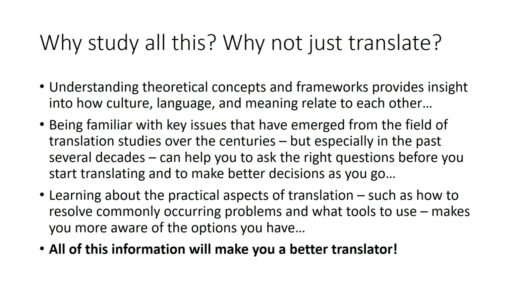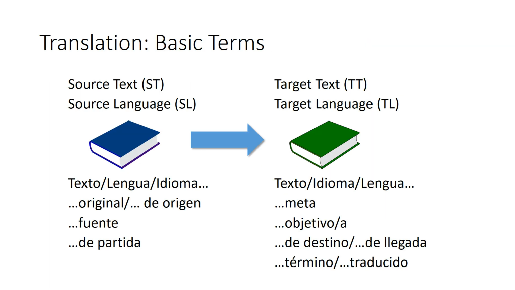So long story short, all of this information in this video, key terms and concepts, is going to make you a better translator. So let's start off assuming you know nothing about translation, right? Just some basic terms. Obviously, translation has to do with translating written material from one language to another language. Normally, that material we call the source text, abbreviated ST. That's written in the source language, abbreviated as SL.